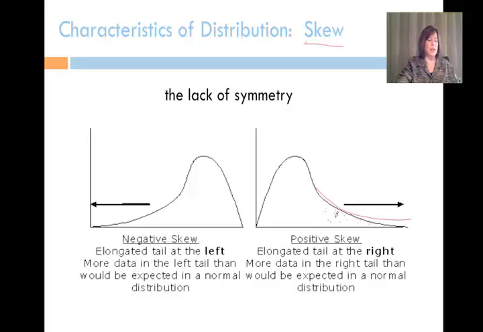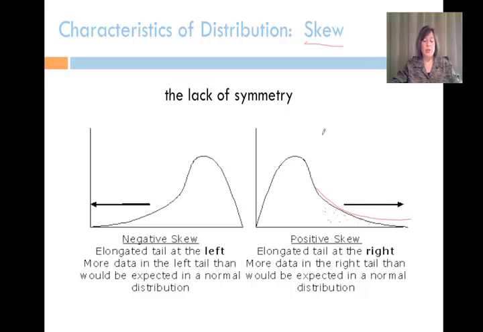And that creates the skew. It's a measure of symmetry, and the central measures of tendency can be affected by skewness in the distribution, meaning that there are more cases to one side than the other. The skewness for a normal distribution is 0.